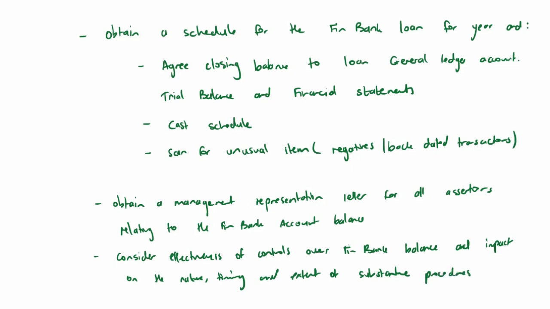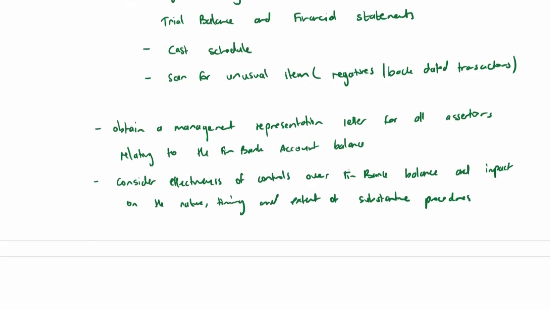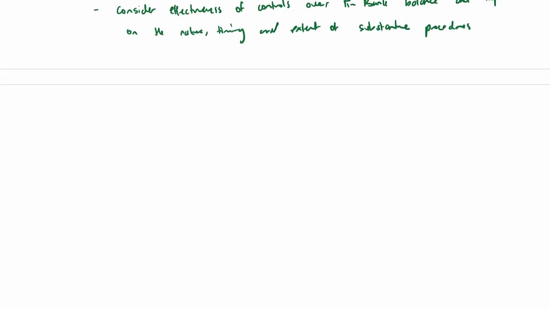Because if the controls work, then we may want to do more analytical procedures and less test of detail. If the controls don't work and they don't have controls, then we need to do more test of detail. So because I've now done that, I can go and discuss some analytical procedures that I should do.